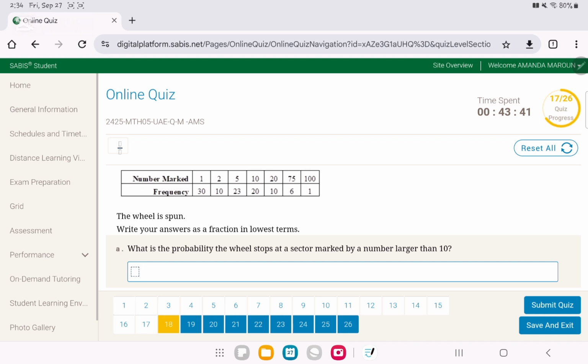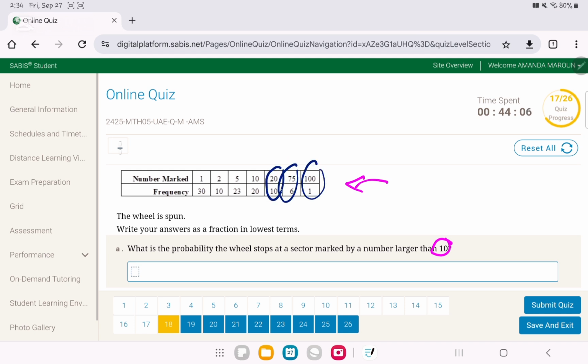Now, what is the probability the wheel stops at a sector marked by a number larger than 10? So don't think, okay, I have to go all numbers above 10, like 11, 12, all the way until 100. No, not like this. We're going to use this. This is what we're going to use. So here, what are the numbers that are larger than 10? It's 20, 75, and 100.